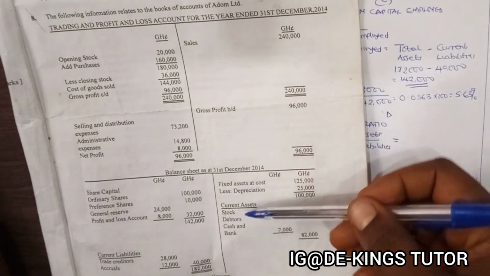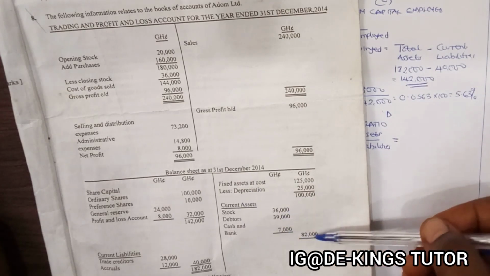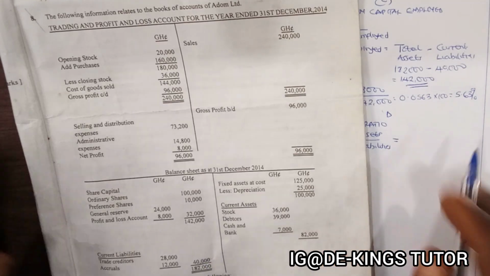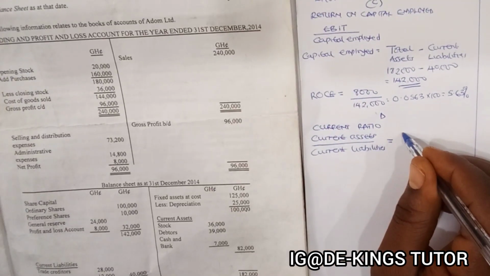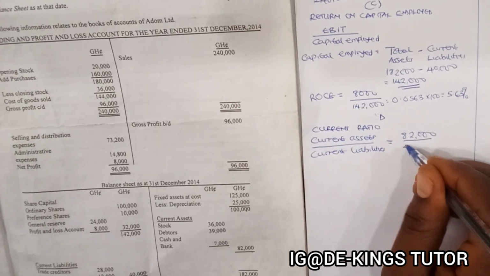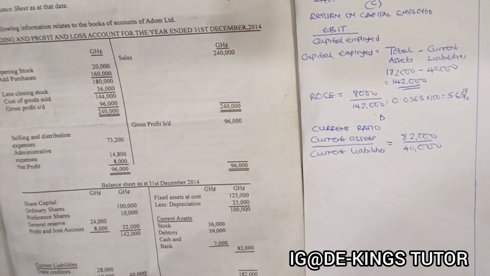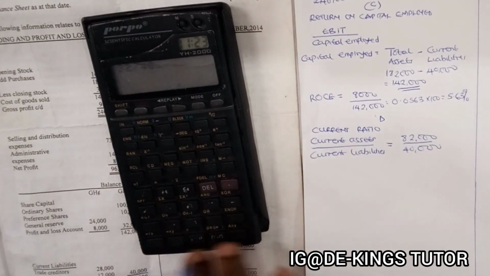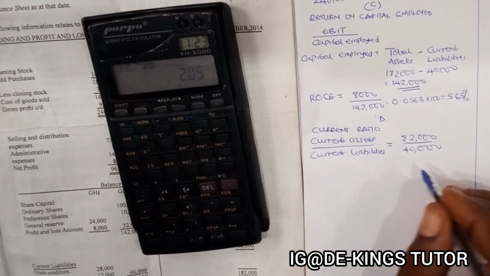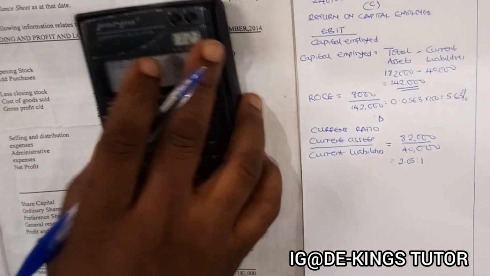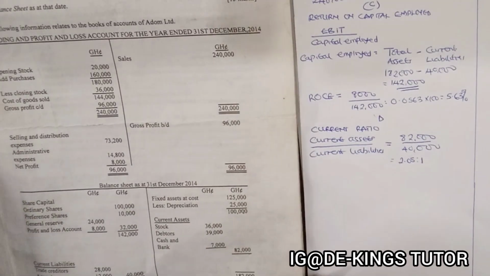Now from this question, we're going to check our current assets. The current assets here is 82,000, and the current liabilities is 40,000. So it will be current assets of 82,000 divided by current liabilities of 40,000. If we have 82,000 divided by 40,000, we have 2.05 is to 1. So that is our current ratio.